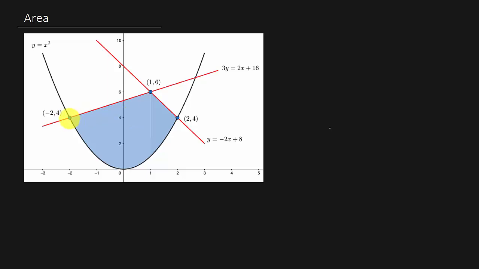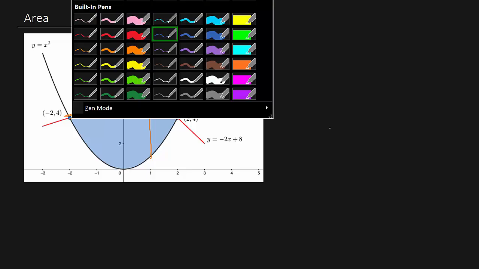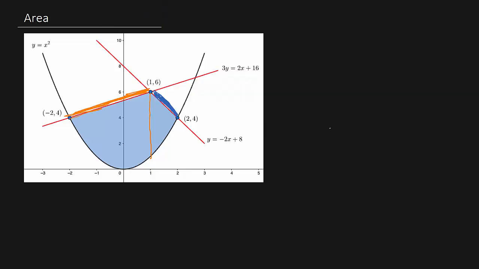So you can see right here, we've got this curve on top, and it goes up to this point right here. And then we've got this curve here that's on top. It changes at this point here. So we're going to have to set up two integrals here, and let's do that.